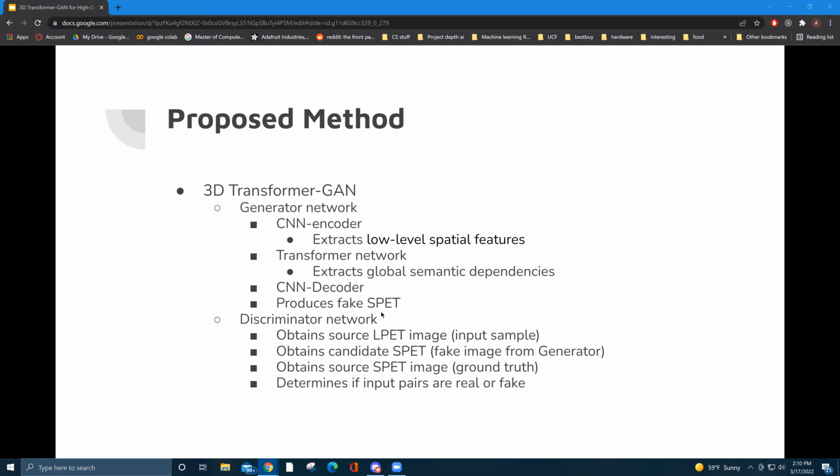Then the discriminator network obtains the input sample, the fake image that the generator produced, and a ground truth image of the SPET. Using the pairs of LPET and the ground truth SPET, and LPET and the fake generated SPET, the discriminator will determine whether these pairs are real or fake.